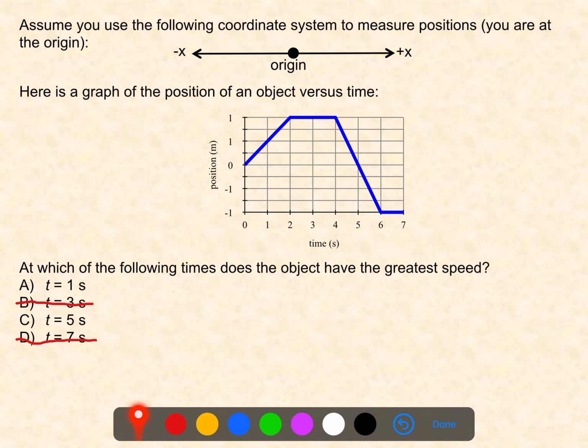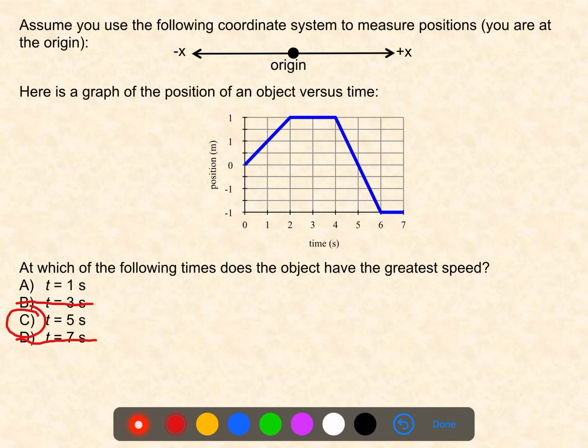And you can probably tell just by eye, or you can calculate, if you would like to, the rise over the run, and you'd be able to see then that this period of time with the negative slope is a steeper slope than the beginning period of time that has a shallower slope. And so that allows us to conclude that the time period where it is the greatest speed out of these choices is time equal to 5 seconds.